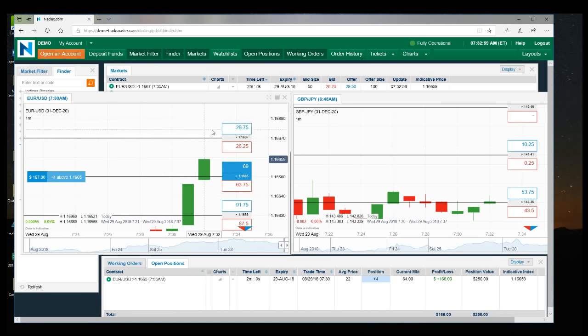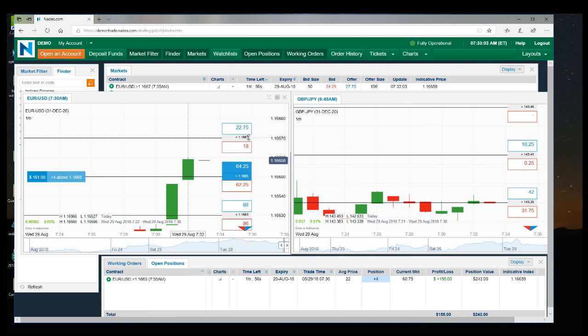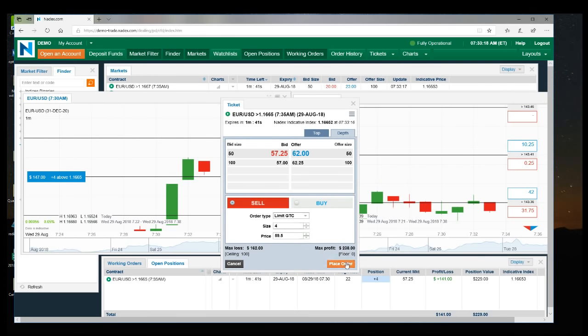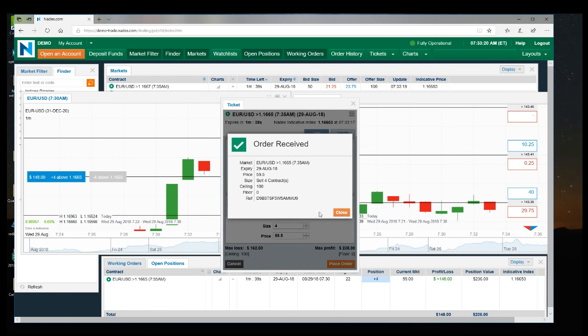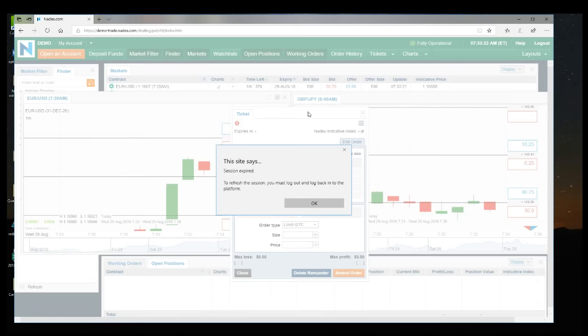Would really like to see it go above the 67 area. I don't like the way this bar is forming, so I'm just going to take profits if I can. There we go.